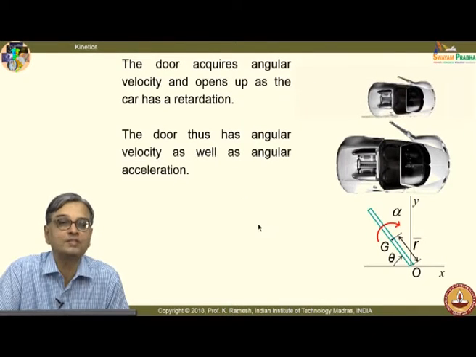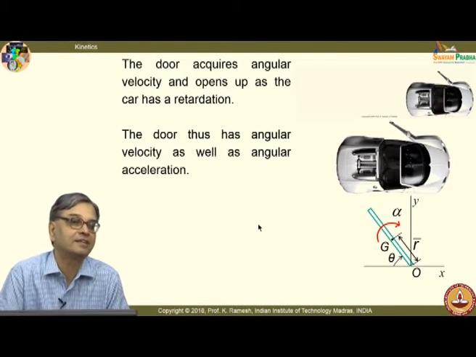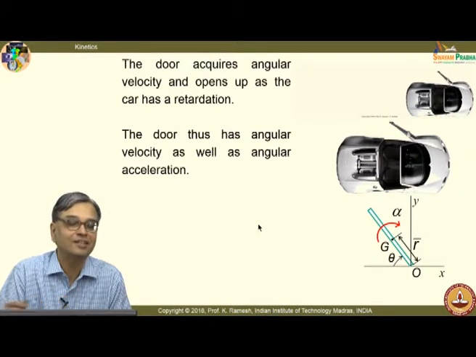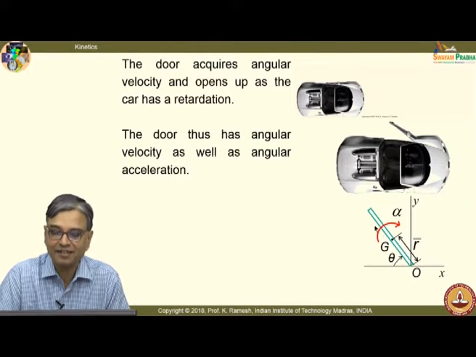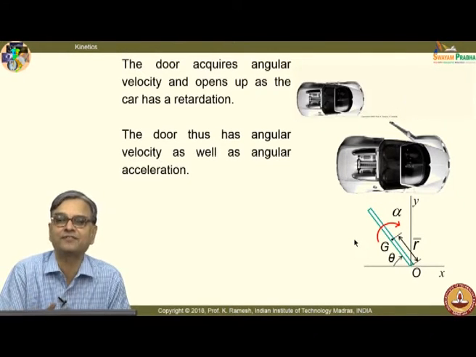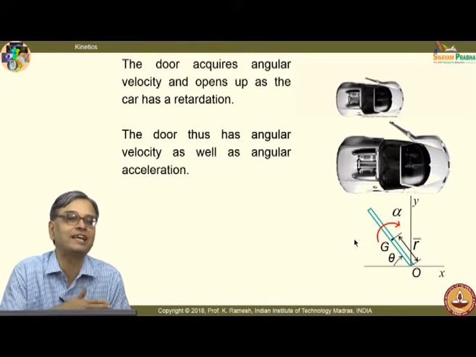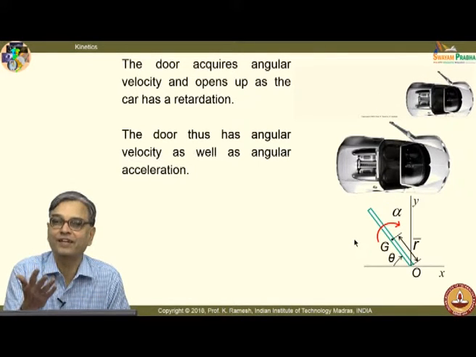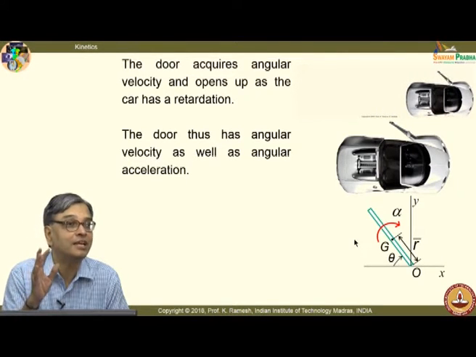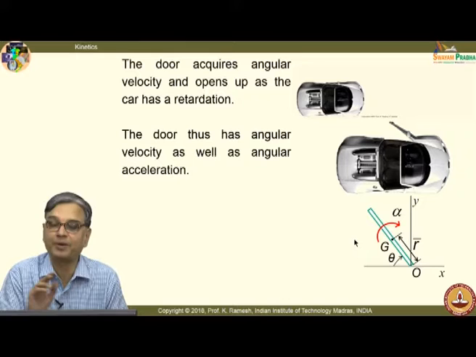I have a door which is very nicely shaped, but as engineers, when you want to do an analysis, you simply take it as a rectangular unit, and I have the radius of gyration. Once I have the radius of gyration, I do not need any of that shape. That is how we model a practical problem into a solvable problem.